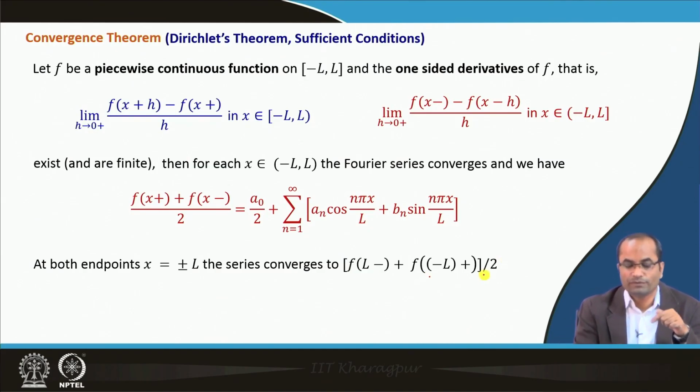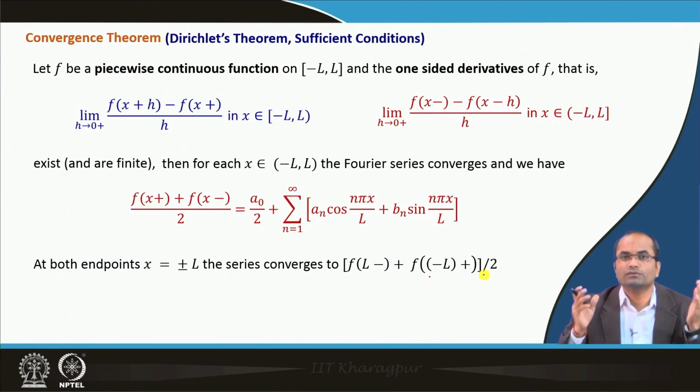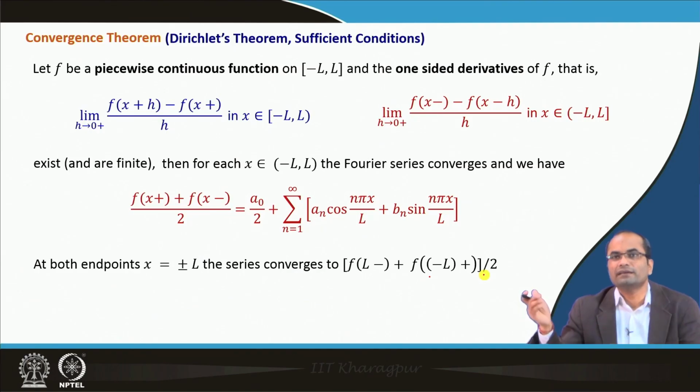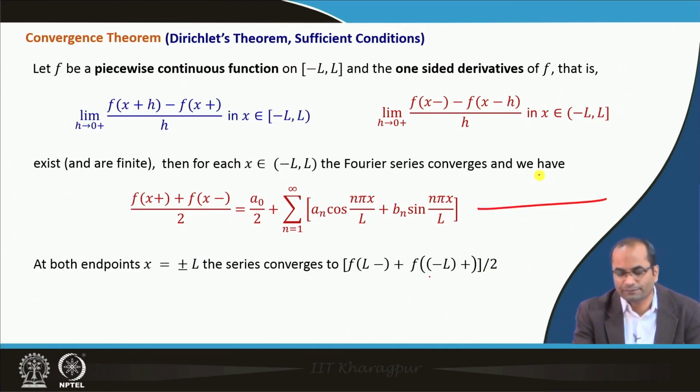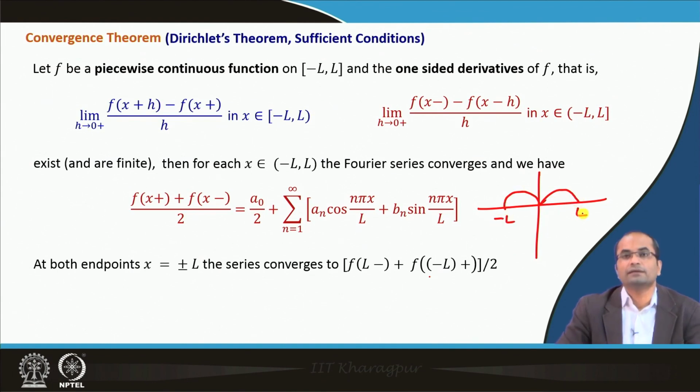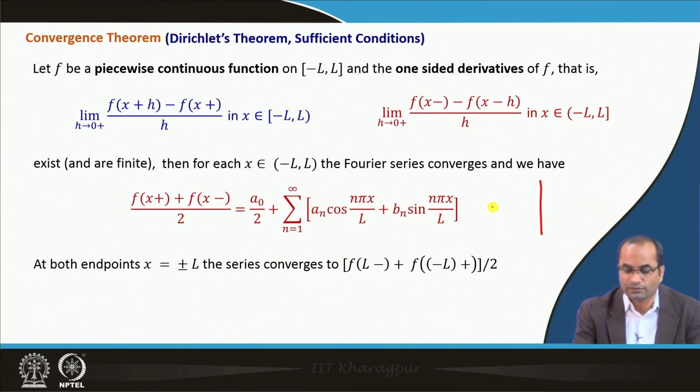Why at the end point? We are talking about the other end also, because we have a periodic function and this function will repeat again at that point. So, suppose we have a function given, for example, on minus L to L, and then since it is periodic, it will repeat again. Or let us take a better example where we actually have no continuity at that point.